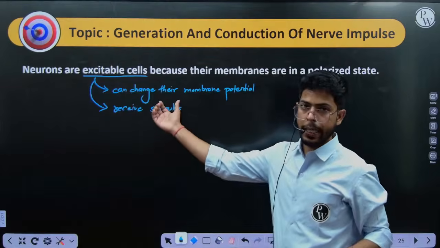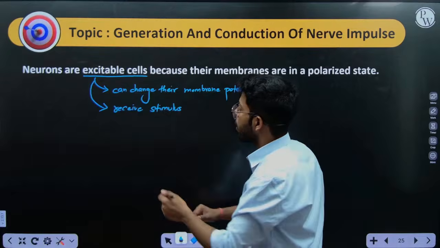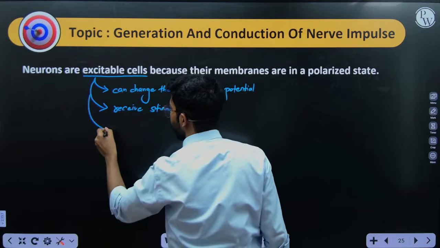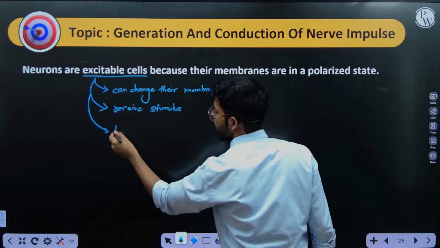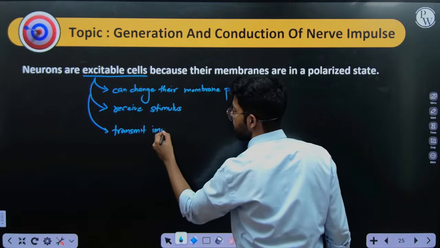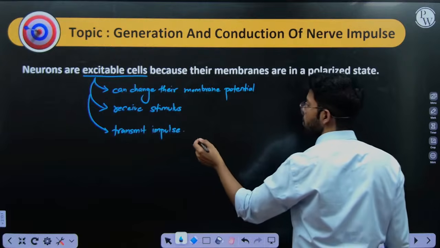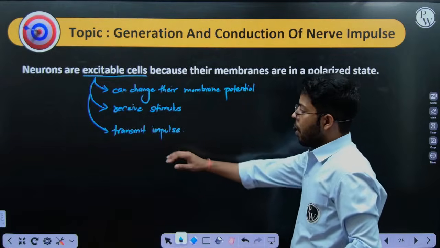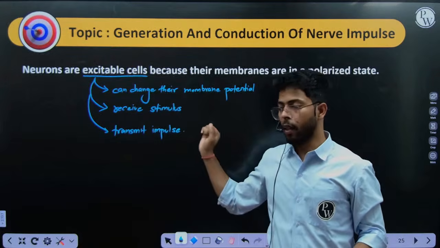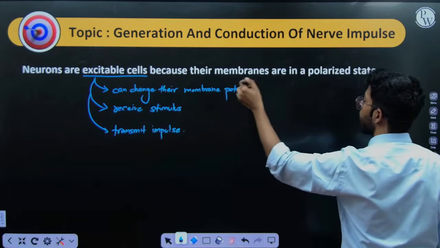Stimulus is the change in external or internal environment, and it can transmit impulse and generate the impulse also. So it can transmit the impulse from one neuron to another neuron. And now the term is polarized.